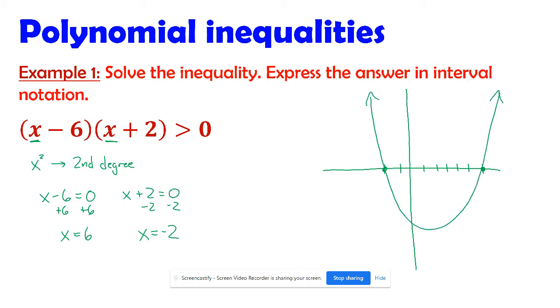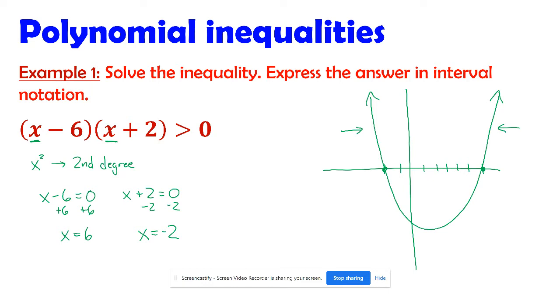That's what the graph looks like. When you look at the graph, what we're trying to do is figure out where this function is going to be greater than 0. We can see it's greater than 0 right here on the left side once we get past negative 2, and it's greater than 0 over here on the right side once we get past positive 6.